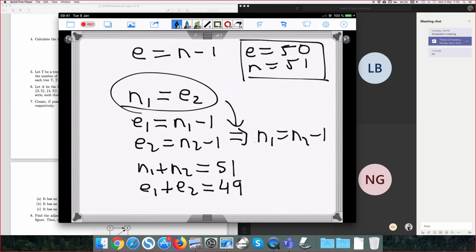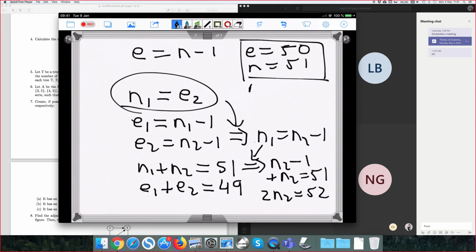And then I can take that here and obtain N2 minus 1 plus N2 is equal to 51. And that is 2 times N2 is equal to 52.